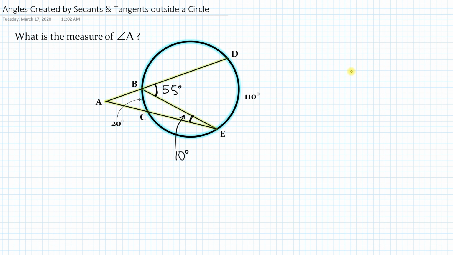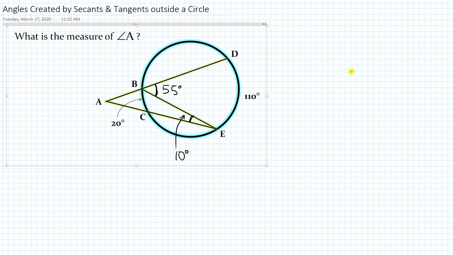So how would you find the measure of angle A at this point? Well, if you look at triangle ABE, the 55 degrees is the exterior angle of triangle ABE. And we know that the exterior angle of a triangle is always equal to the sum of its remote interior angles.